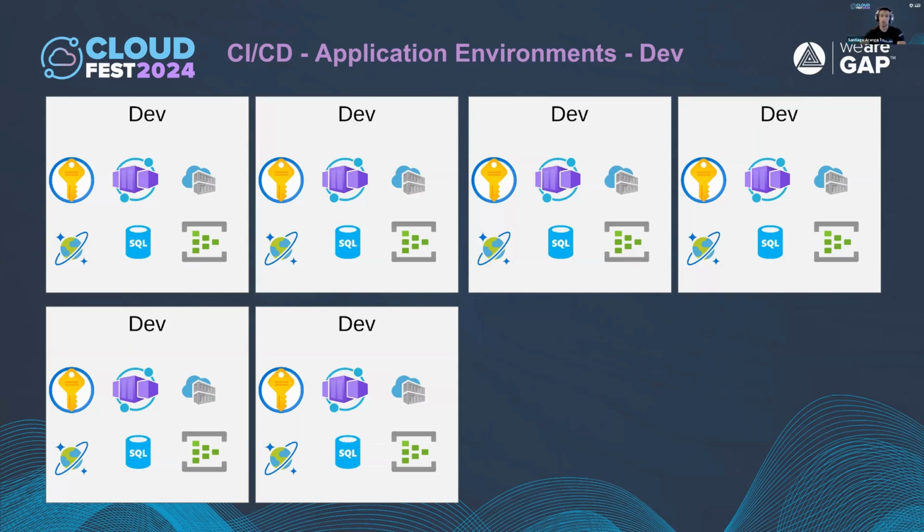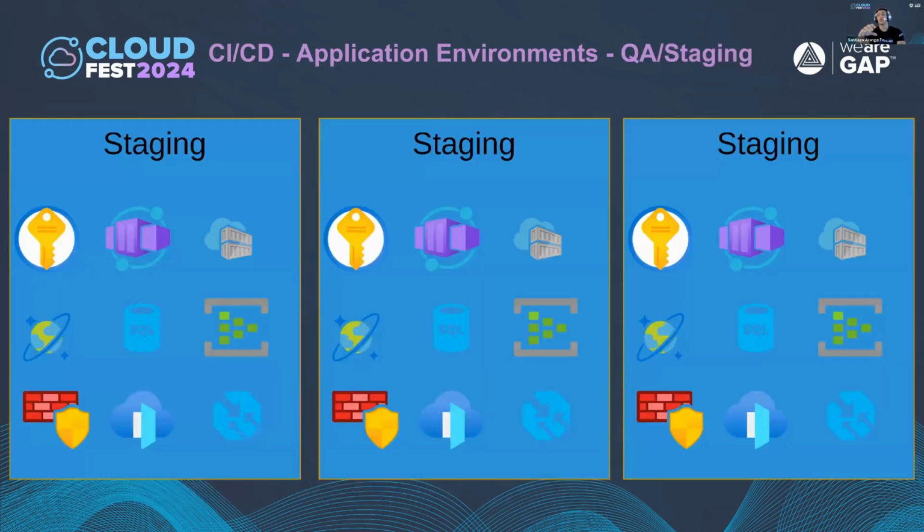The same applies for QA and staging. Just make sure to have multiple environments based on the features you are going to be deploying, so quality assurance can test those components individually without making sacrifices or having everything mixed together.